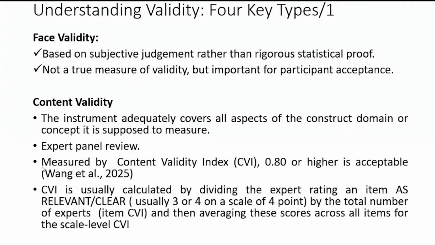So by the time they rate it, then you will do the calculation. You understand? You can do it manually, or on your calculator, or on a computer in an Excel spreadsheet, and even on SPSS. So at the end, whatever you achieve will be the content validity index.